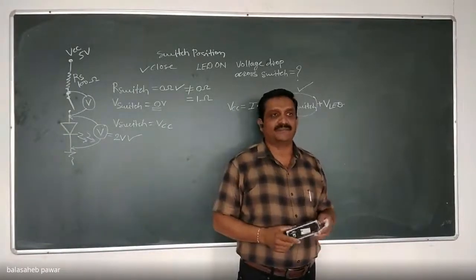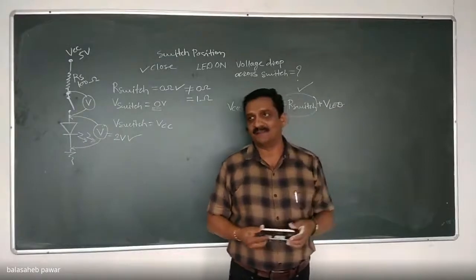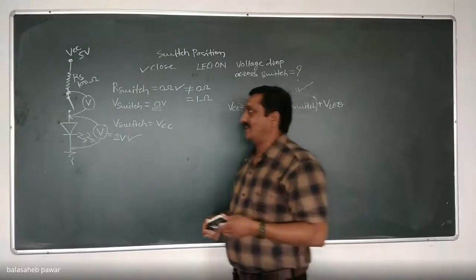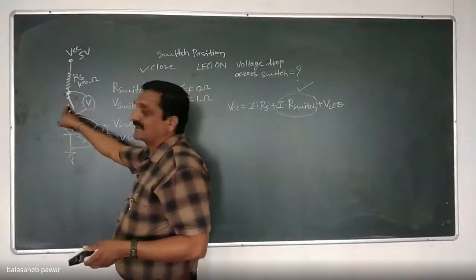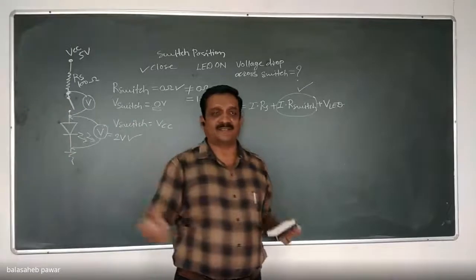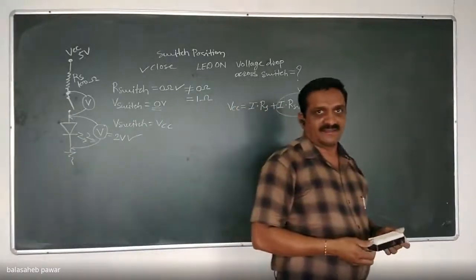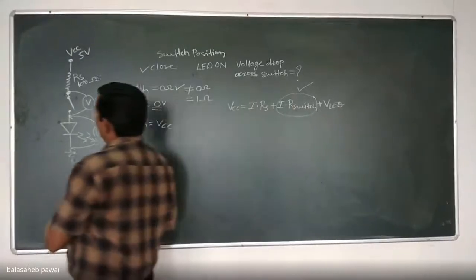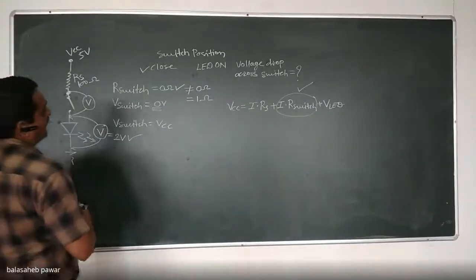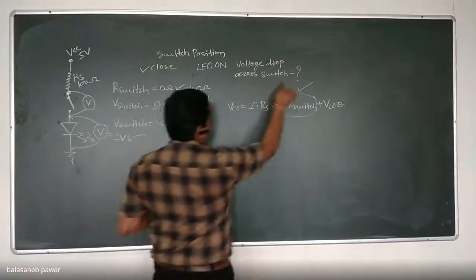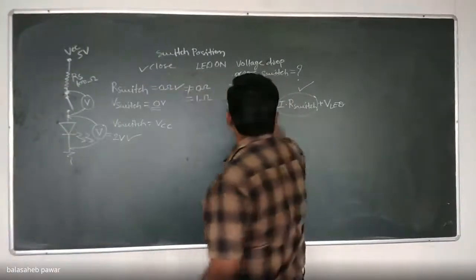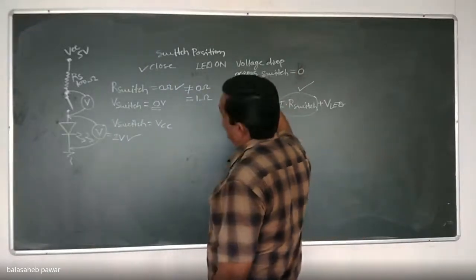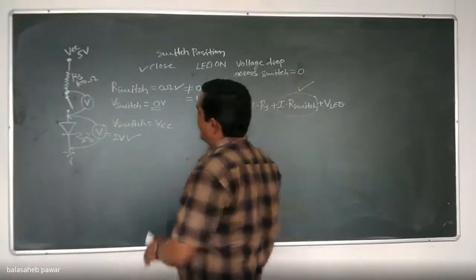If it is aluminum, then aluminum will have somewhat more resistance as compared to copper material. And that's why in an aluminum switch there will be more voltage drop as compared to copper. But the copper switch will be somewhat costly as compared to aluminum. Okay. So the voltage drop across that switch, whenever it is closed, will be ideally zero, and practically it will be very, very small. Okay.